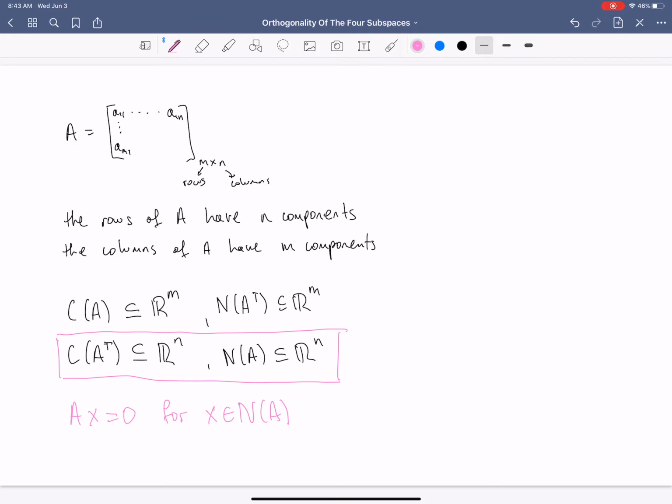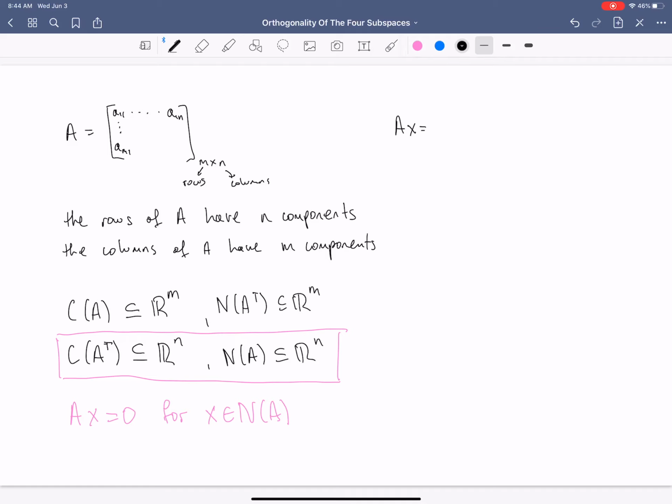Well, let's talk about how we multiply a matrix. So what is A times x? The first way in which we defined A times x was, and I just mentioned it again, think of this as a linear combination of the columns of A. But we have four ways of multiplying matrices.